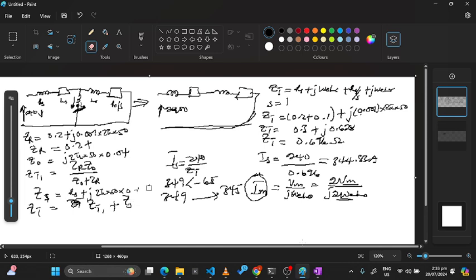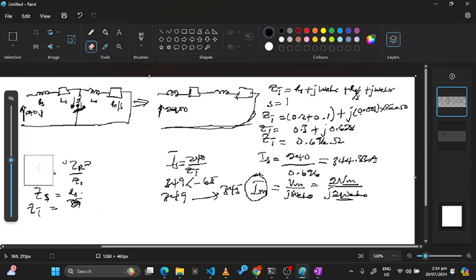Let me clean this part. Okay, so from what I explained here, for variable frequency, variable voltage, Im should be constant at all frequencies.